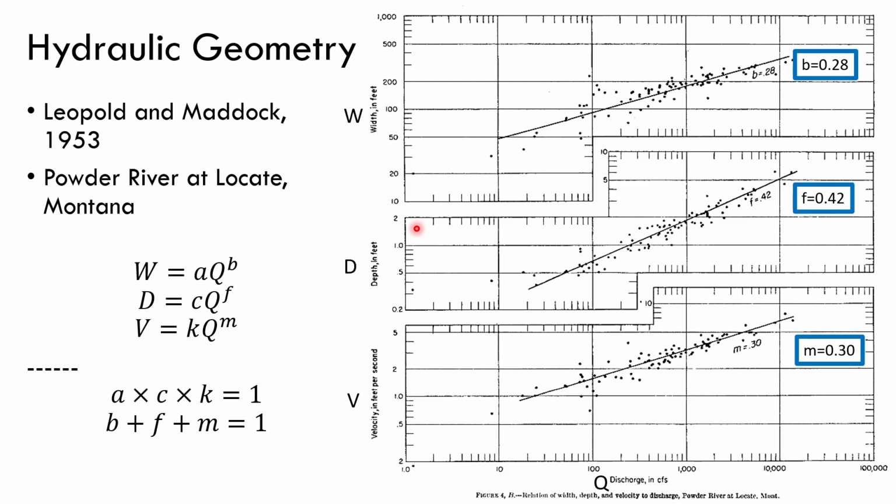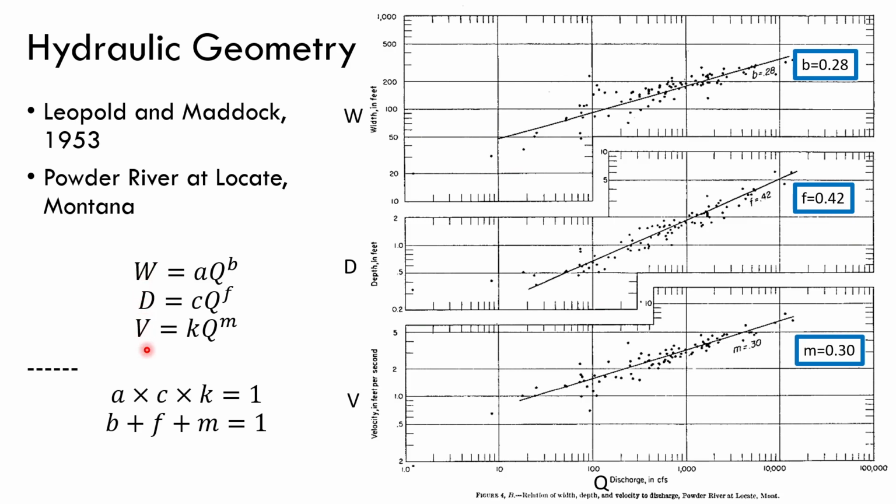And so the idea here is that we want to try to predict how the river is going to change if we change discharge. And so the key variables that hydraulic geometry looks at are width, W, depth, and velocity. Okay.